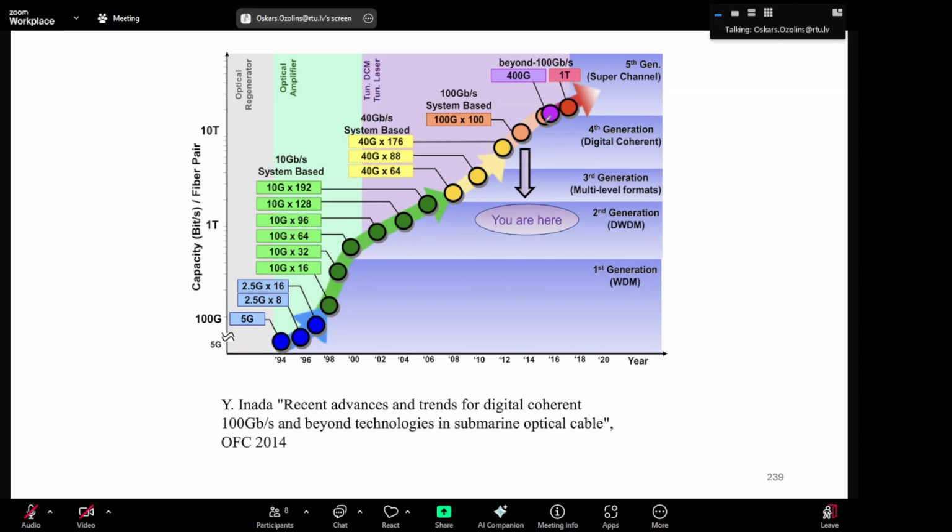For 100 gig, we are talking about 1.6 terabits, 3.2 terabits, and in single channel experiments, recent demonstrations show quite high data rates in terabits per single wavelength.